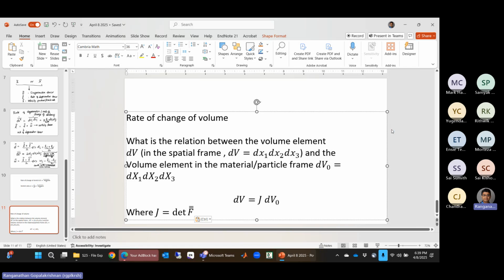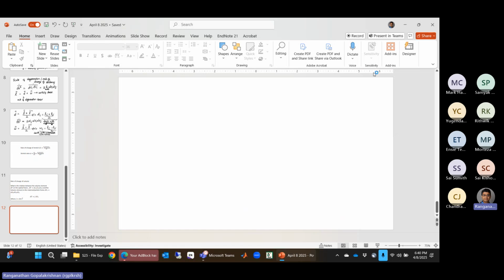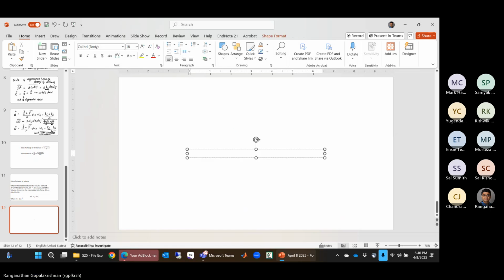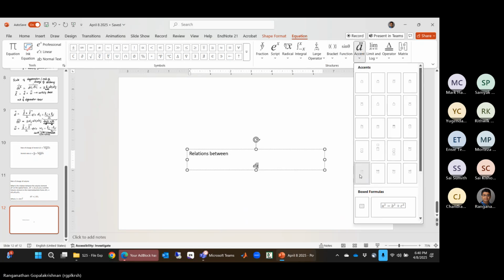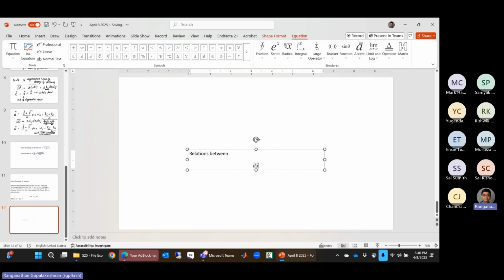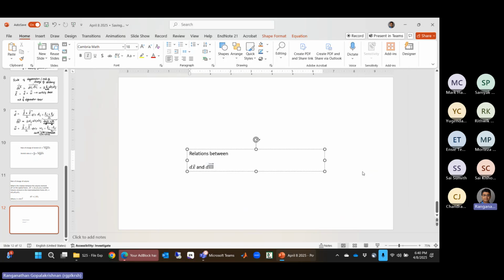So remember, just to help you recall, I understand some of this can be a little off-putting. We discussed relations between the dx vector, that is the change in position vector, and dX, the material vector, or the change in position of the particle.